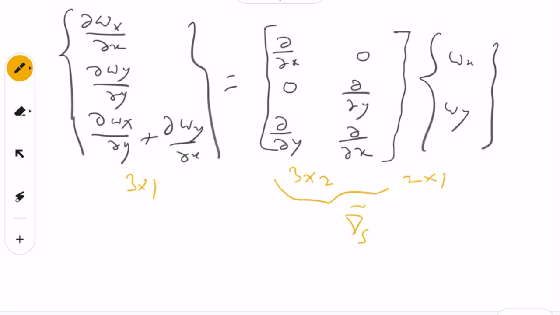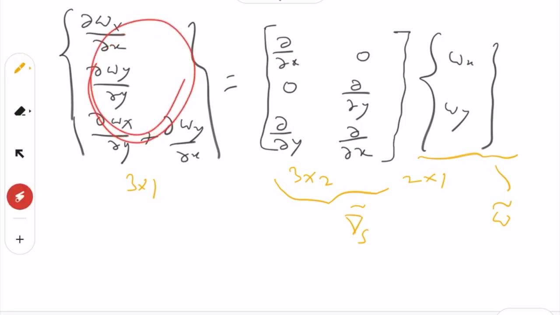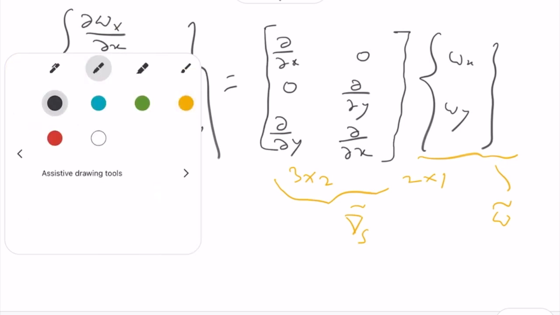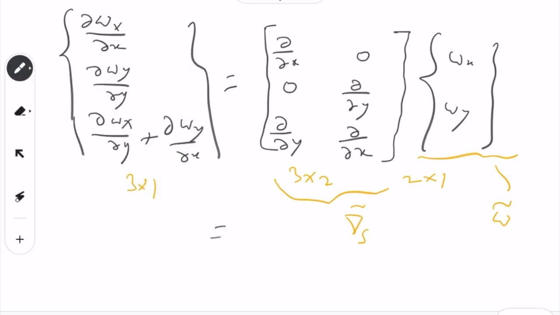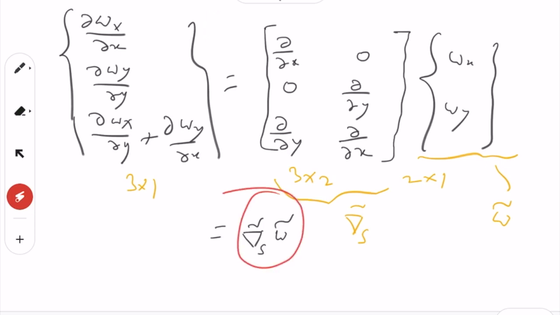This one is w tilde. So basically this matrix will be equal to, so just write it here, del s tilde w, and transpose of this will be transpose of that.